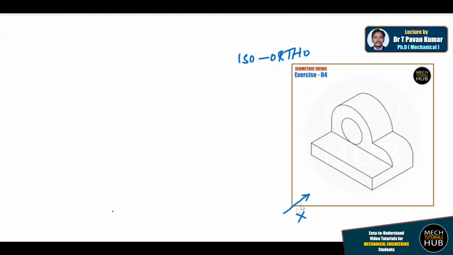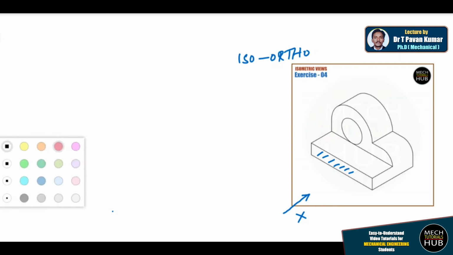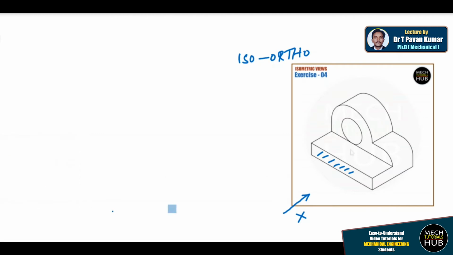Again, when I view from here, this rectangular face is visible, this piece is visible, followed by, better I just try to figure it out with this marker so that maybe it is better.